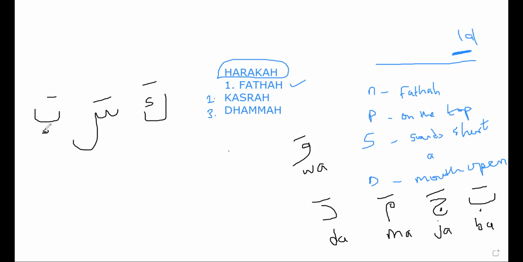So how can I read these three? What is the first one? Ka. It has Fathah. Ka. What is the second one? Sa. And the third one?